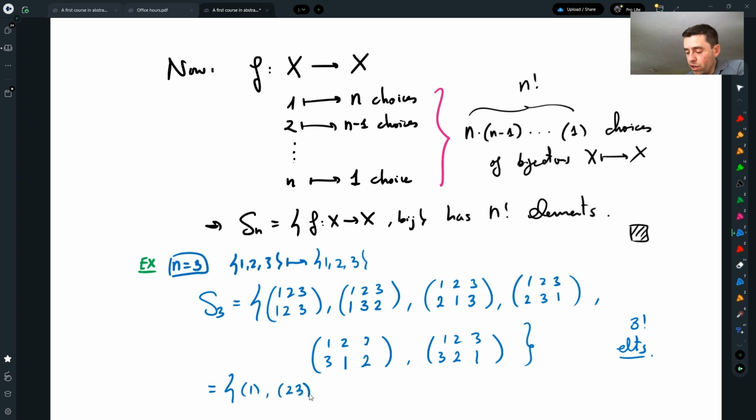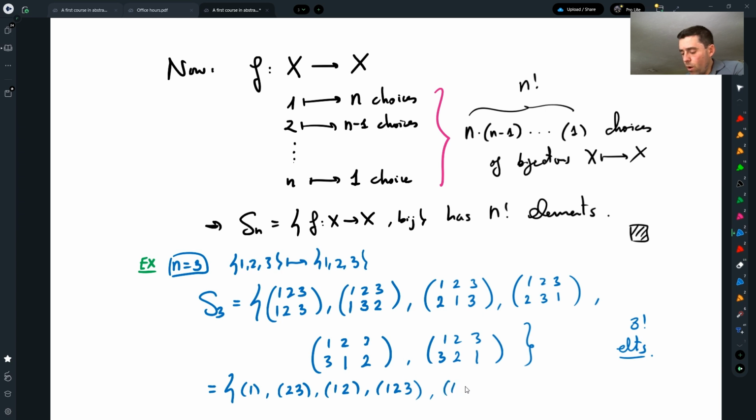So in compact notation, the second element is (2 3). In this third element, let's see, 1 went to 2, 2 went to 1, but 3 got fixed, so that's it. The fourth element, 1 goes to 2, and 2 goes to 3, and 3 goes to 1, so it closes the cycle.